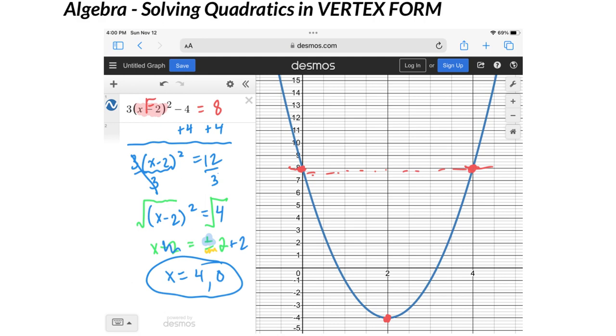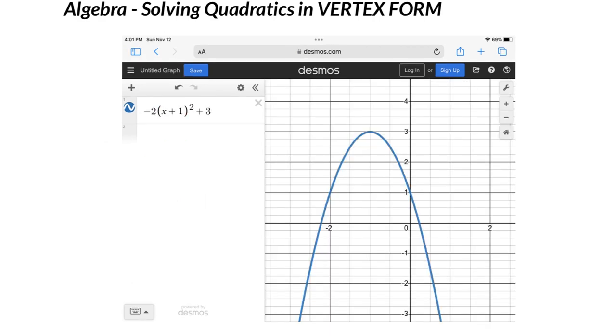Okay, let's do another example. So again, I have my vertex form. You can see it was moved to the left 1 and up 3. So left 1, up 3. There's my vertex. That negative is what made it open down instead of up. And of course, it's stretched. Let's say I wanted this to be equal to 1.